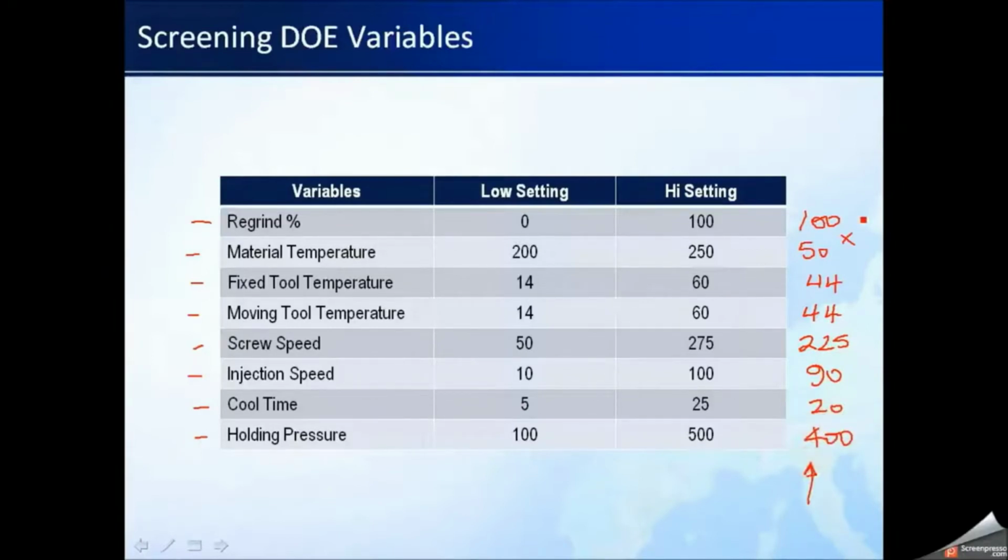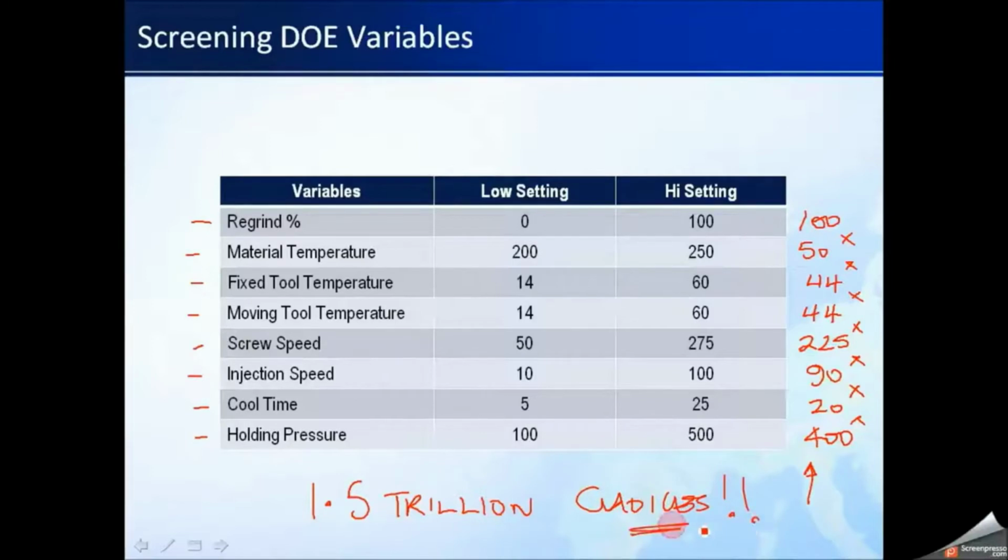If you multiply that lot through, this isn't 8 variables that you're looking at. And I've just worked this out on a calculator. Oh dear. It's 1.5 trillion choices. That's the complexity of trying to find best settings.